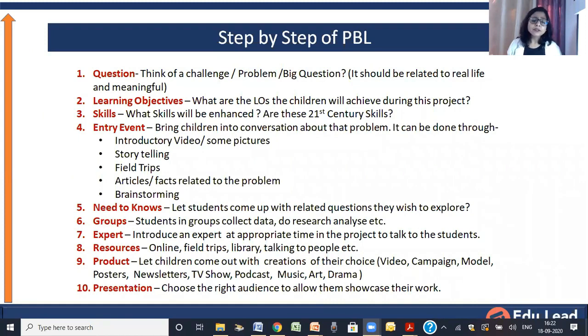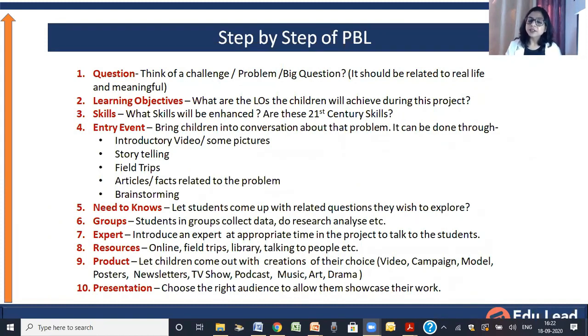Then you have to see that children within their groups start working on finding the solutions to those need to know questions. All those questions which they have written, the things which they want to know, they then have to collect the data. Based on that, they have to research and analyze their data. And at the right point, which depends upon you and your project, introduce an expert.